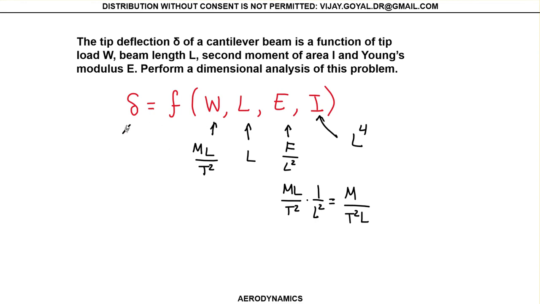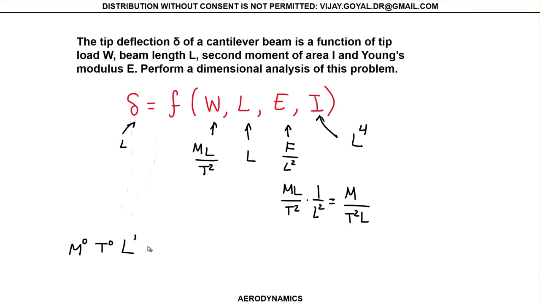And we know that delta is L. So on this side, we have L to the 1, but it will be the same as adding M to the 0 and t to the 0, right? Anything to the 0th power is 1.